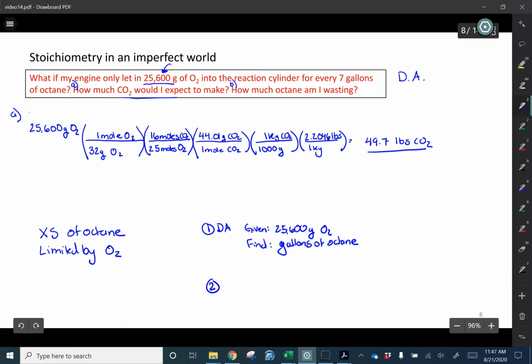And then the second part, we're going to subtract gallons of octane that we burn, that's 7, minus gallons of octane needed.